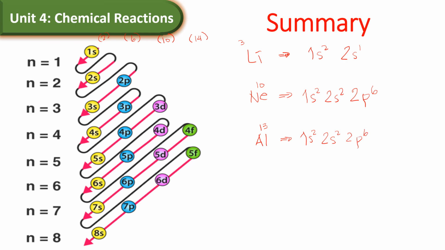We still need 3 electrons. After 2p, we have 3s. The s subshell can hold up to 2, so we need one more. What is the next after 3s? We have 3p. How many electrons do we need? We need 1 more. So this is the electron configuration for aluminum.